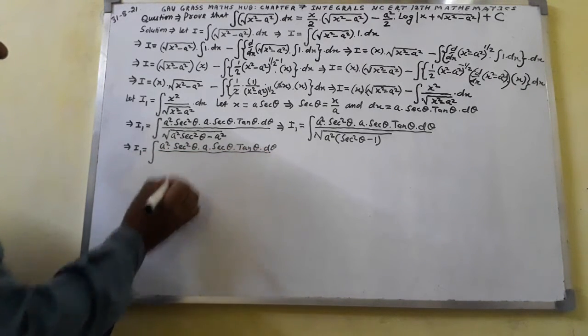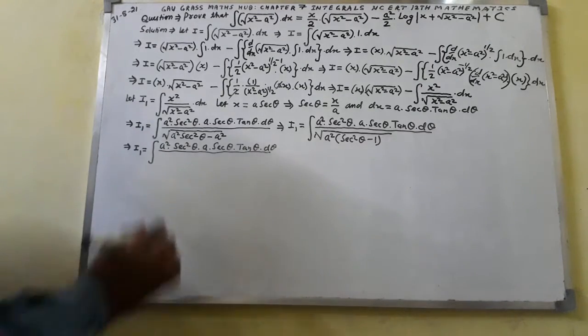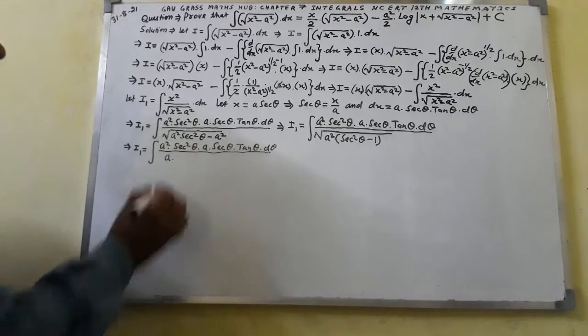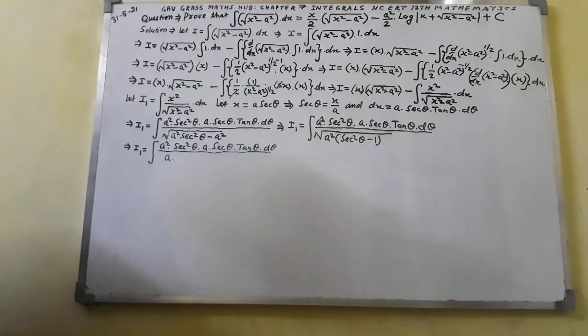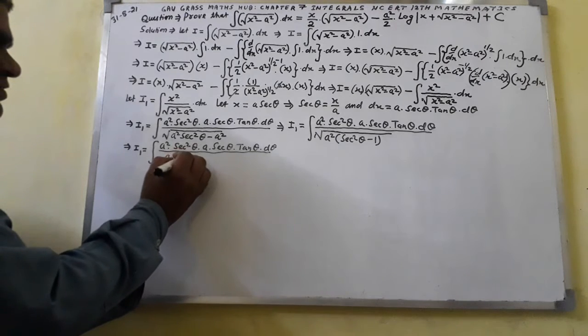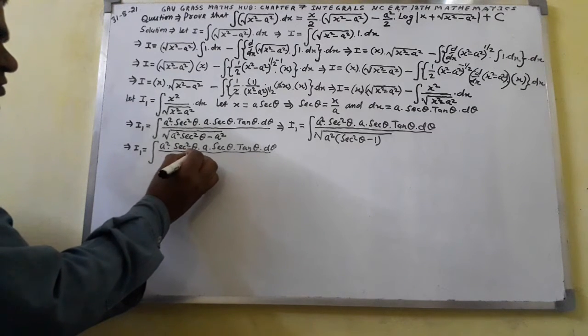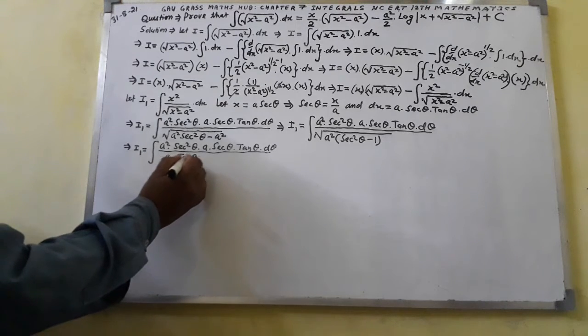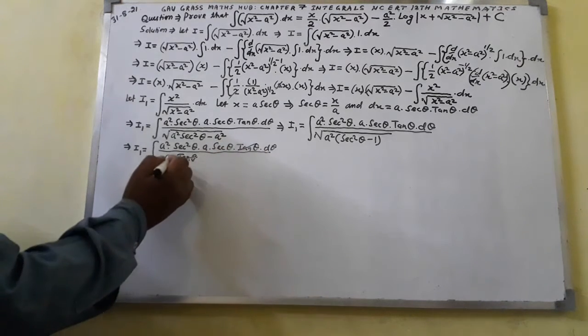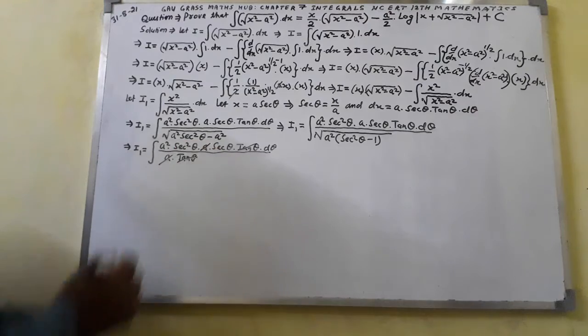We will get here under root a square comes out to be a, and under root sec square theta minus 1 comes out to be tan theta. Here I shall write tan theta. So here this tan theta will be cancelled out, a will be cancelled out.